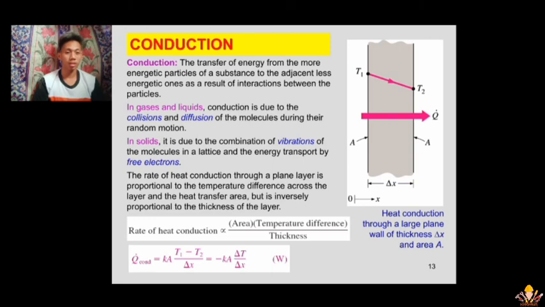It is known also as negative k times A times the change in temperature over the change in x, where x is equal to thickness.